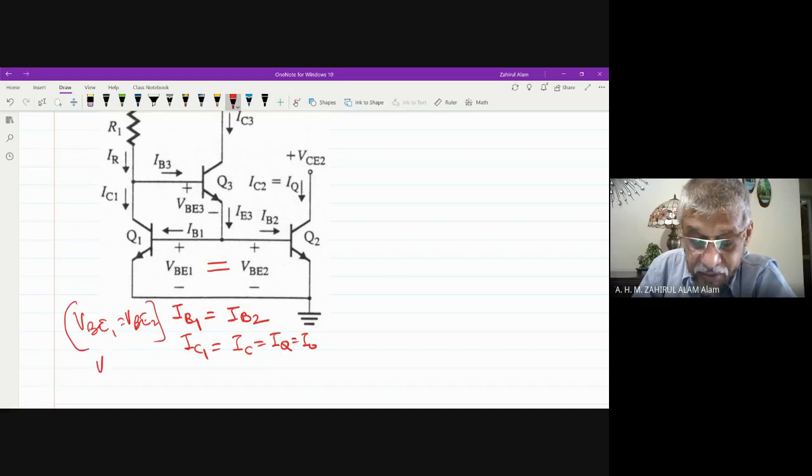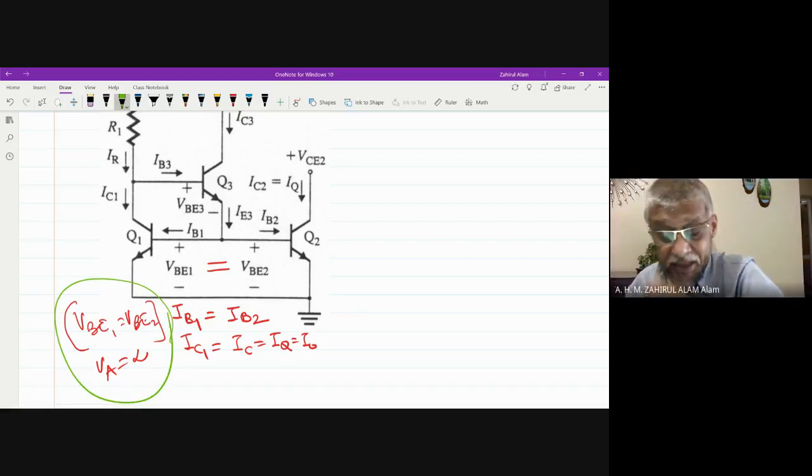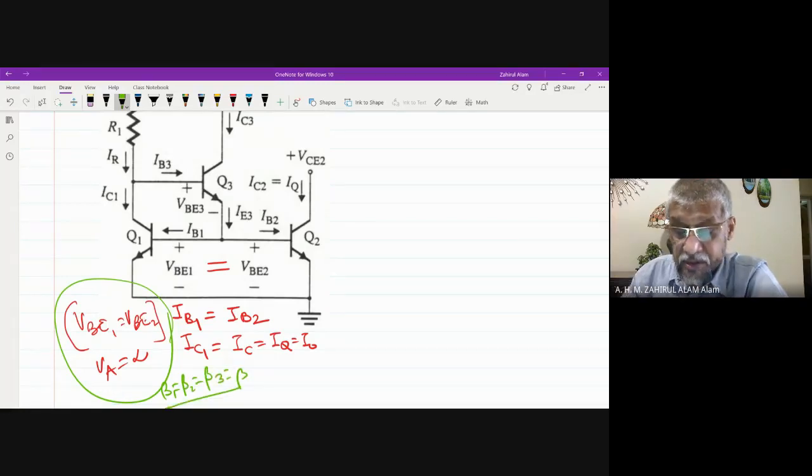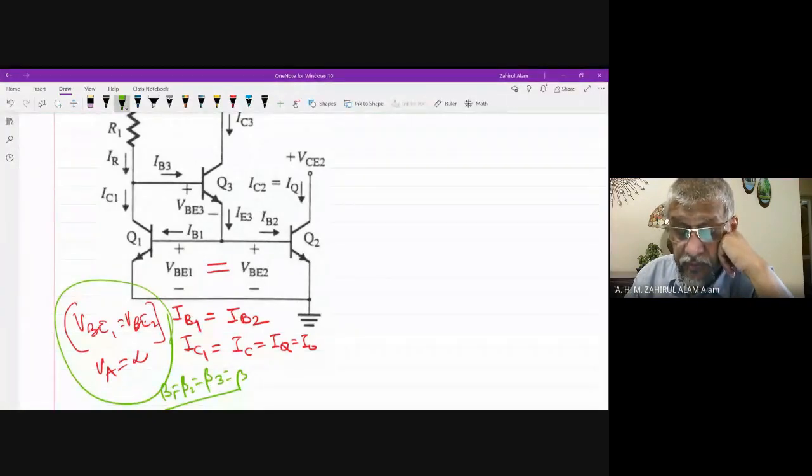And also we consider VA is equal to infinite, and all the transistors are identical. That means beta 1 equal to beta 2 equal to beta 3 equal to beta.